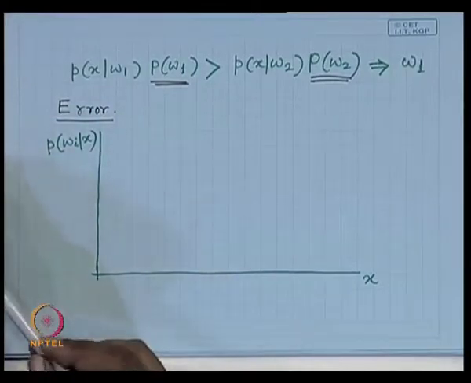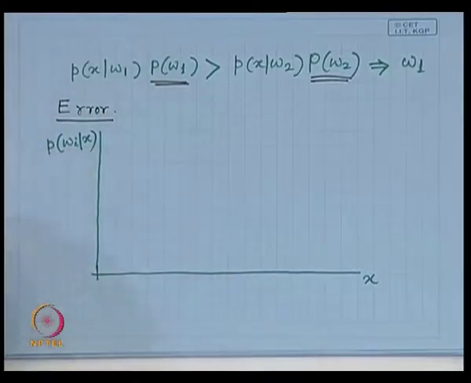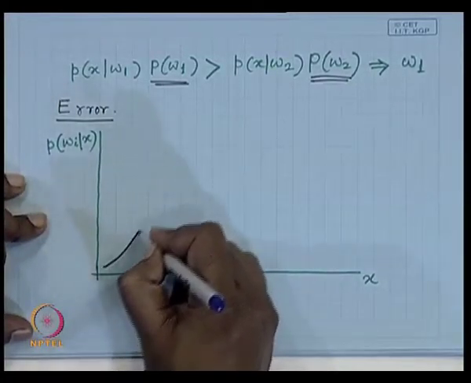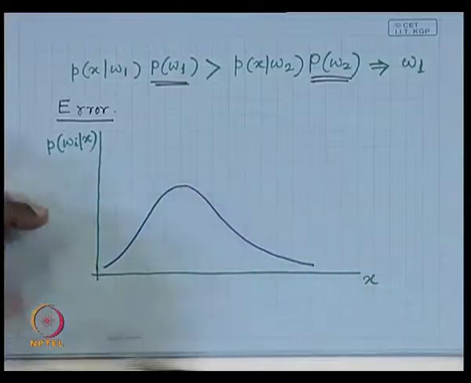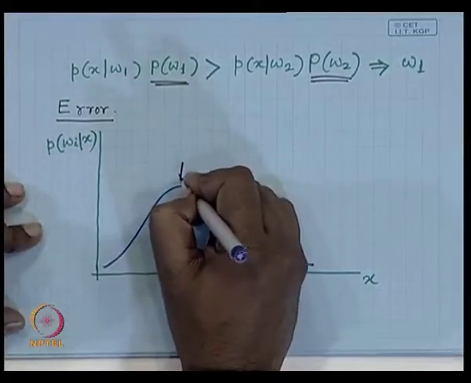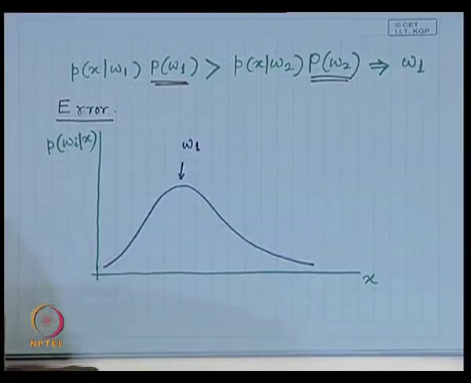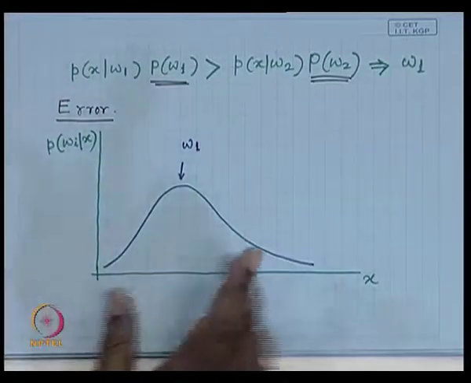Okay. And suppose the posteriori probability is something like this. This is for say omega 1, that is p of omega 1 given x.